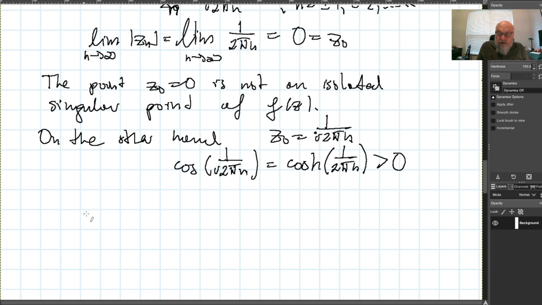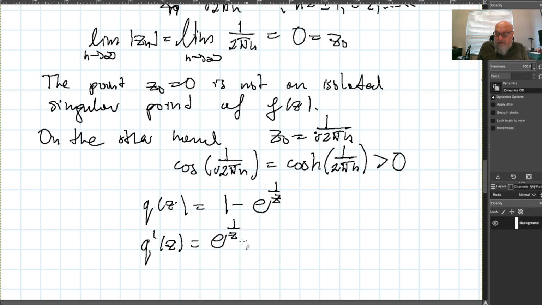So I need to determine the multiplicity. Take the function q of z equal to 1 minus e to the 1 over z, and let's compute the derivative of this function. I get e to the 1 over z times 1 over z squared. That's the derivative.